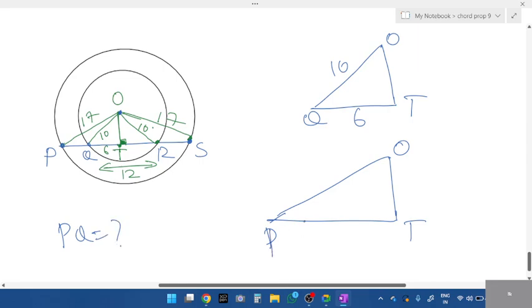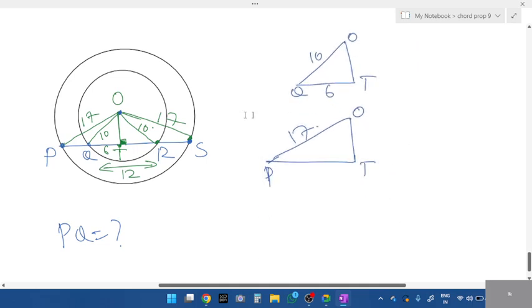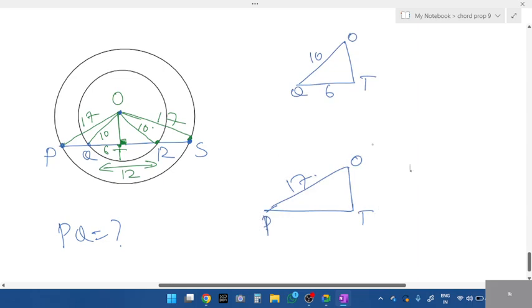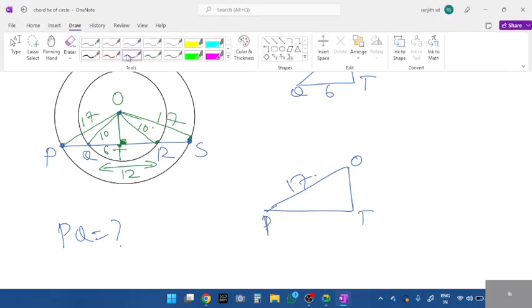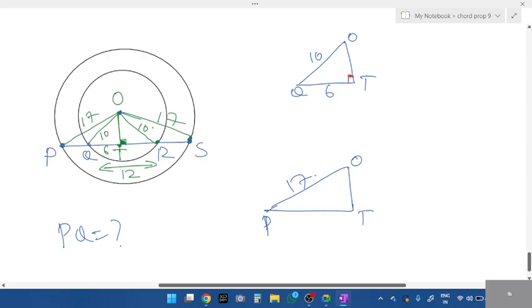In order to find PQ, first we need to find PT, students. PT is not given. What is OP? Out of these two triangles, in which triangle should we start first? In Pythagoras theorem, I have explained this concept. Yes, OTQ, because it has two values.